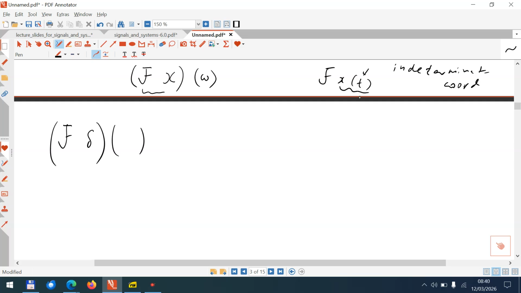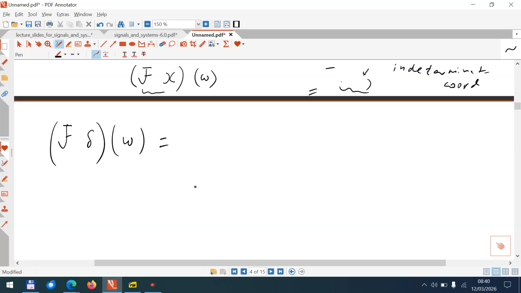Then x of t is an expression which stands for a function, because t is not a number anymore. So x of t now stands for the function, and you can now apply the transform to it. That is the only case in which you can work. That's why the symbolic toolbox allows this. So let's work with this now.